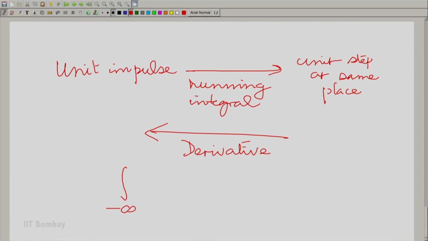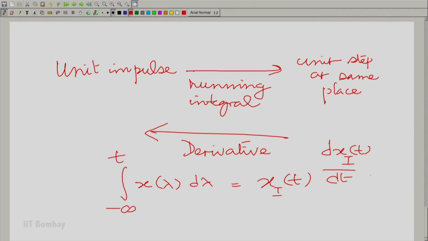When you take any x(lambda) d lambda and make a running integral on it, let us call it xi of t. What is d xi(t) by dt? I stands for running integral. What is d xi by dt? It is very clearly seen to be x of t. That is not too difficult to do.